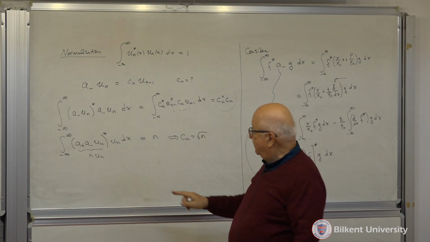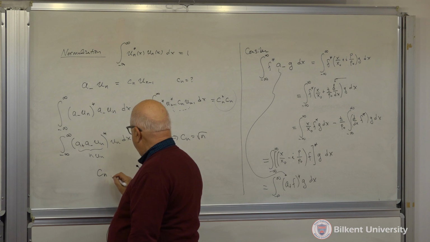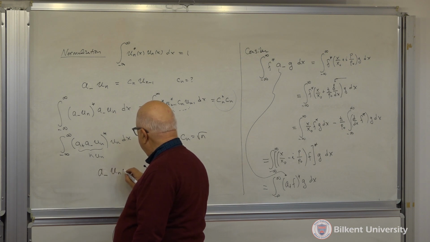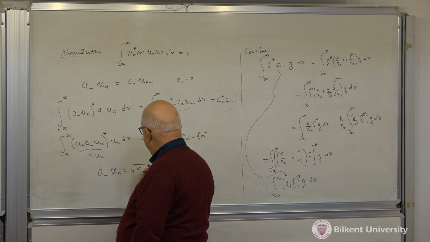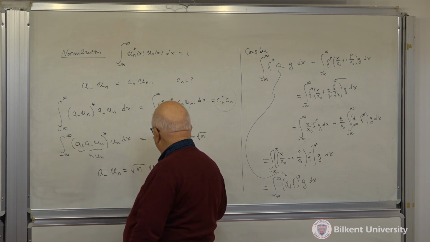So that tells me that a minus un is equal to square root of n times un minus 1.